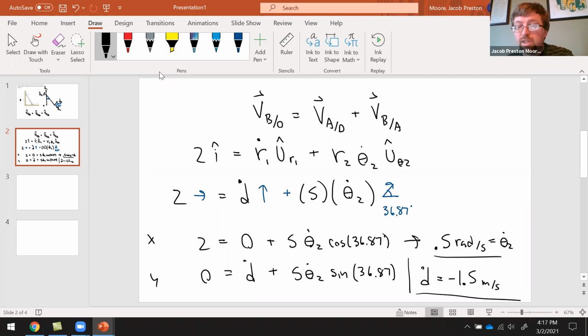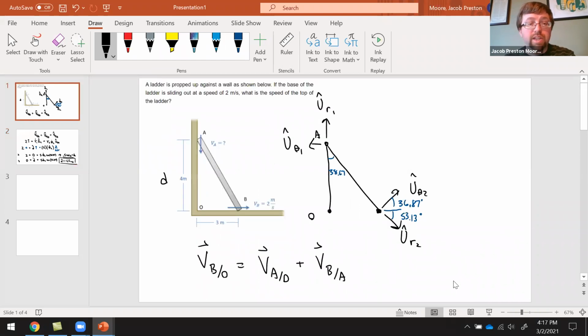This is basically my answer. This is the rate at which D is changing. So D, this 4 meter length, is going down at a rate of 1.5 meters per second. The velocity of point A is going to be 1.5 meters per second downward, since point O is not moving at all. So VA is 1.5 meters per second downward.